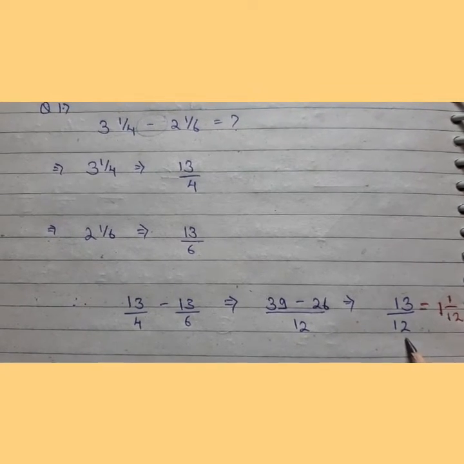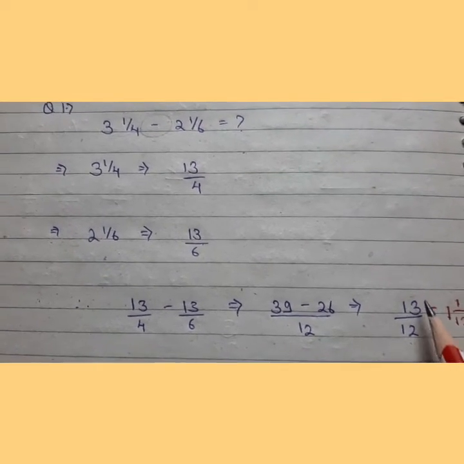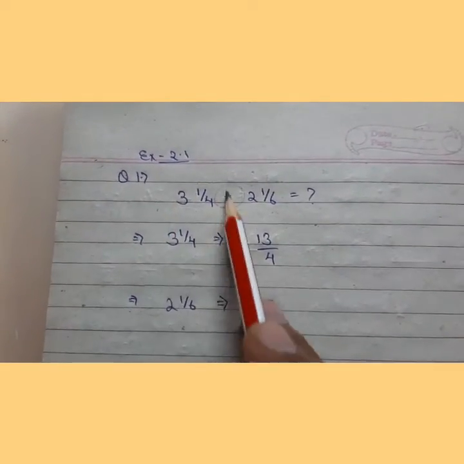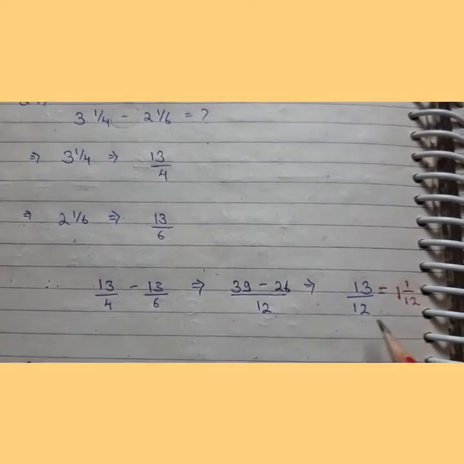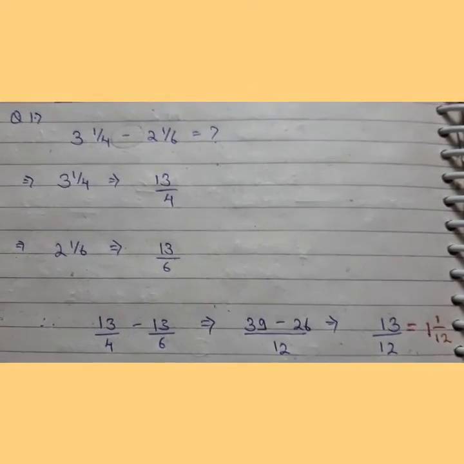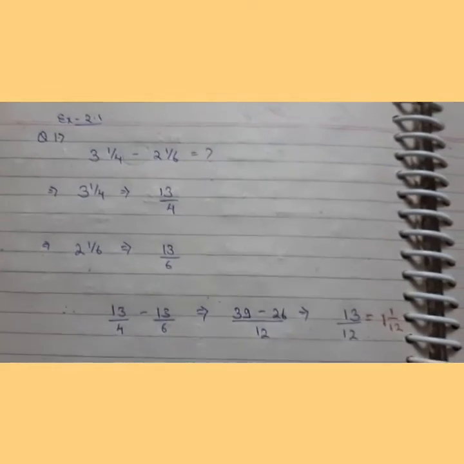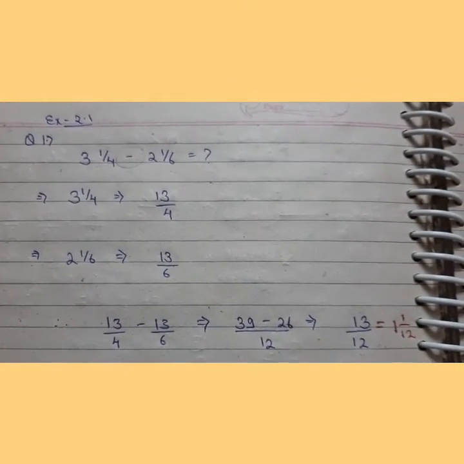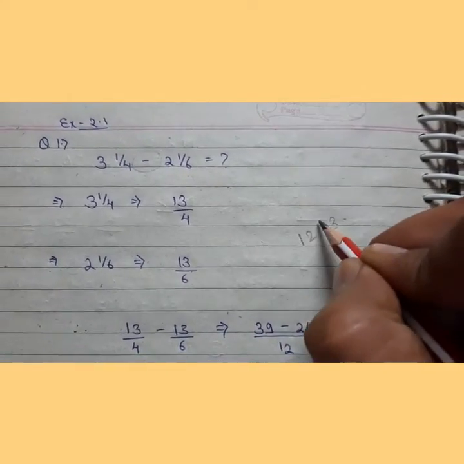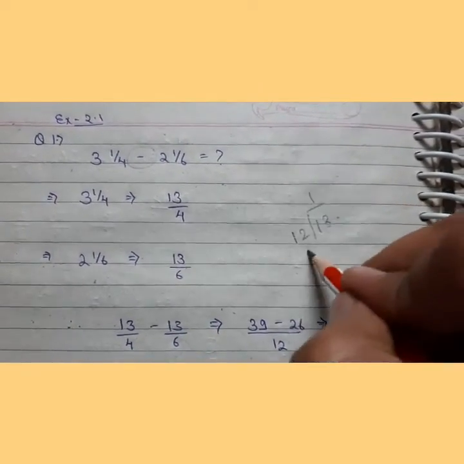13 upon 12. But this should not be the proper answer. Reason: since the question was in the form of mixed fractions, write this 13 upon 12 also as a mixed fraction. Now how will you write 13 upon 12 as a mixed fraction? See, it will go simply like this. Simply divide 13 by 12. 12 into 1 is 12.